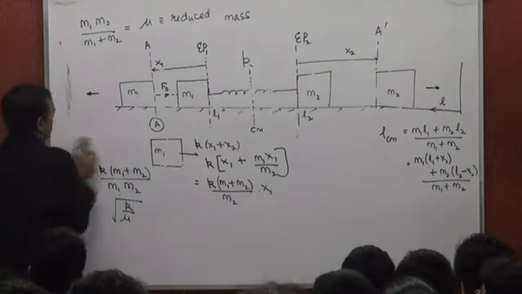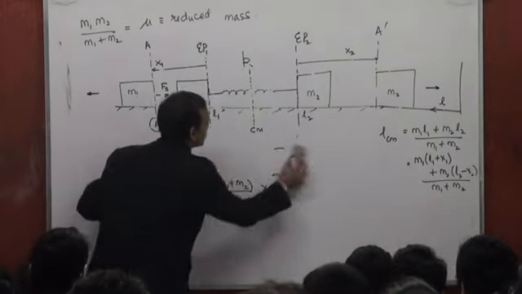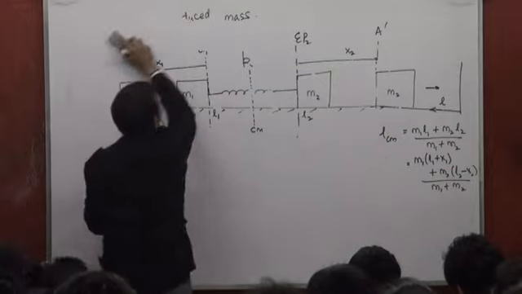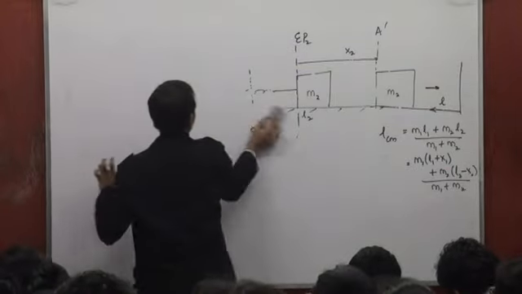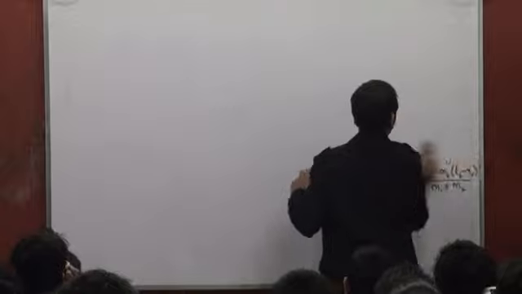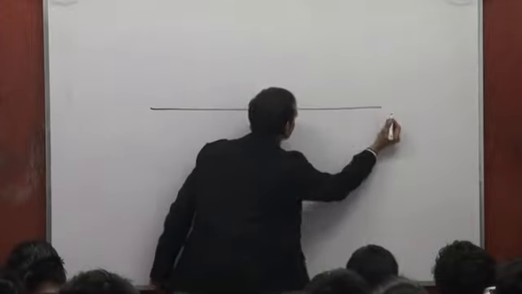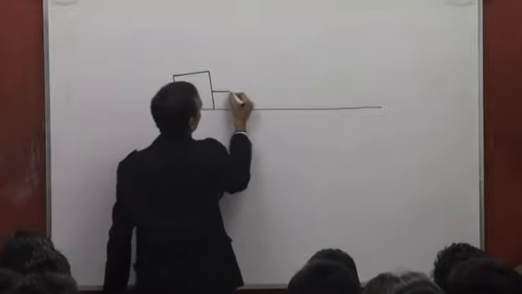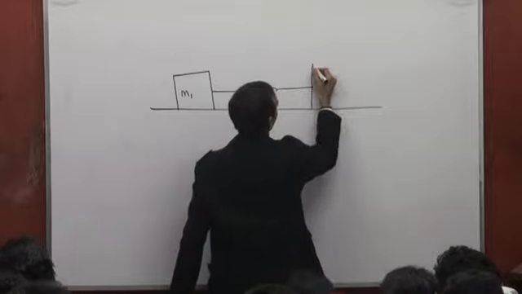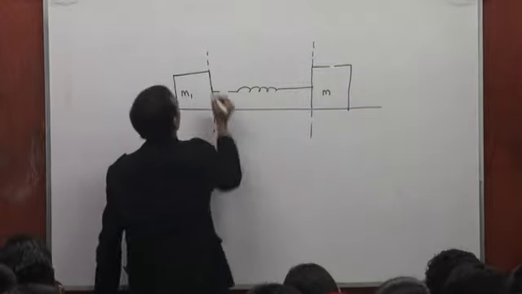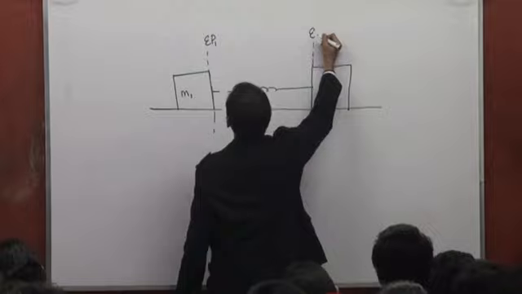Now, for the same system, this was the natural state of the spring, also commensurate with the equilibrium positions of the two masses.